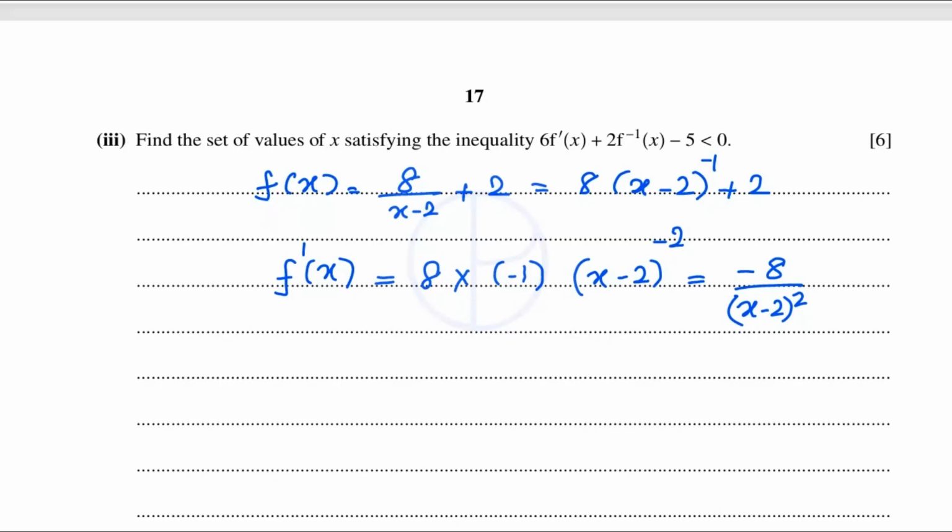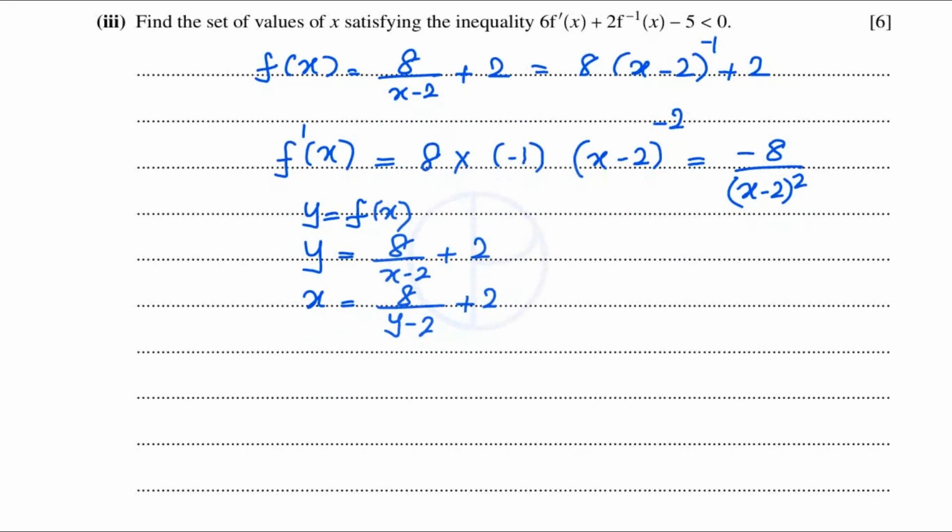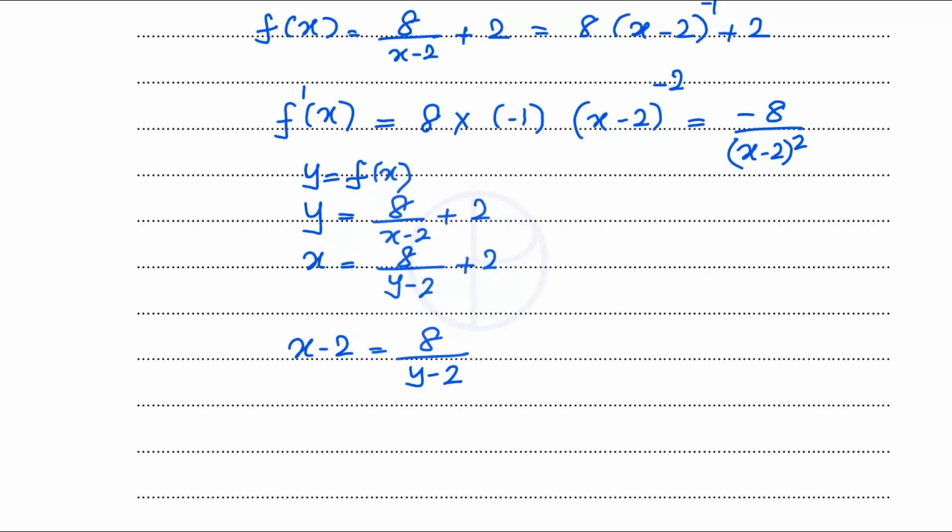Let's find f inverse of x. For that, take y as 8 divided by (x − 2), plus 2. Now interchange x and y, so we get x equals 8 divided by (y − 2), plus 2. Now subtract 2 on both sides, so x − 2 equals 8 divided by (y − 2). Now just do cross multiplication.